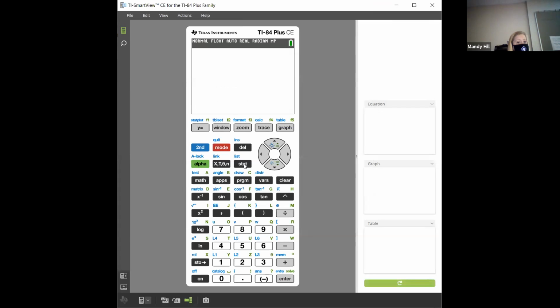So I'm going to hit the stat button, which is right beside the gray arrows. Then it's going to pull up this nice edit calc test thing on your screen. Okay, Maria, are you there? Okay, awesome. Then you're going to hit enter because you do want to edit that. It should have L1, L2 at the top.